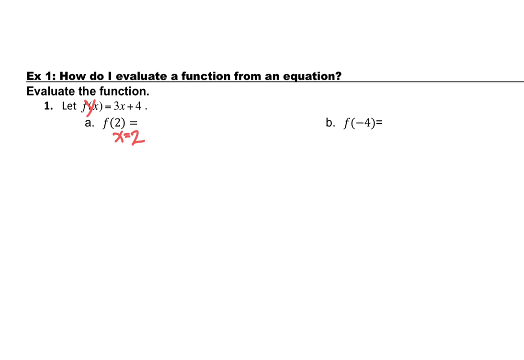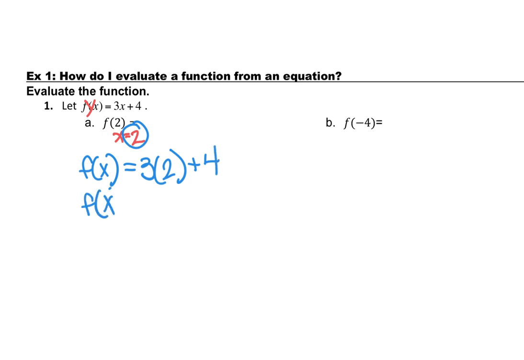So we're saying that x is equal to 2, and we're just substituting it in, and then we're simplifying. So the f of x is equal to 3 times 2 is 6, and 6 plus 4 is 10. So the f of x or the y is equal to 10.